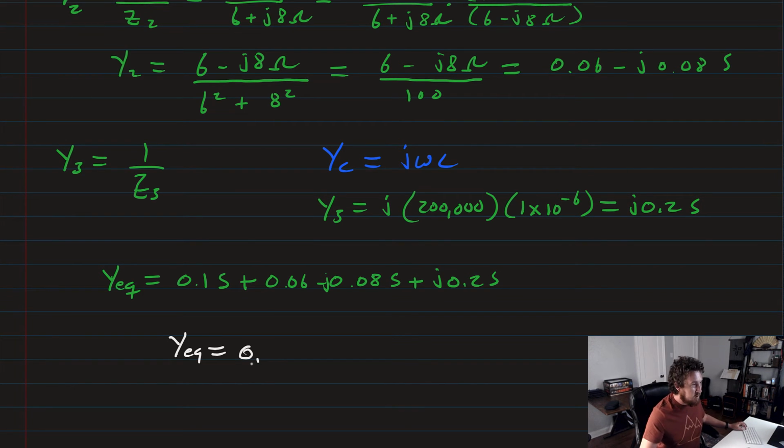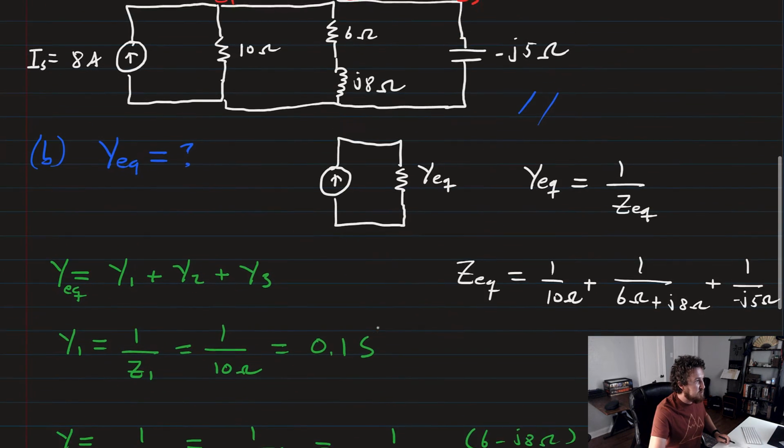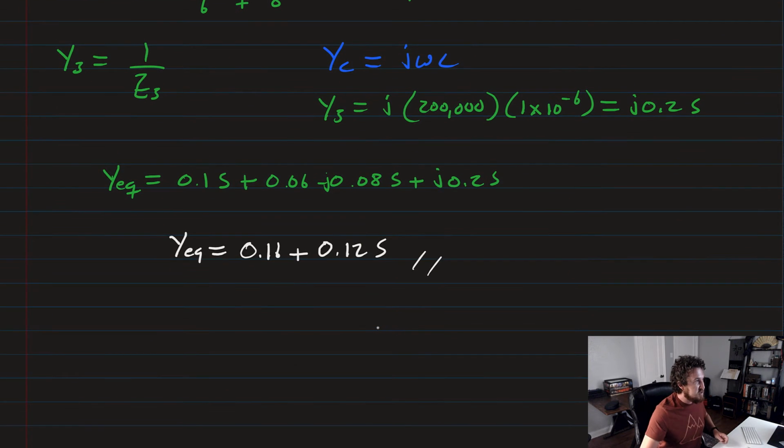Whoa, that got weird. 0.16 plus j, 0.2 minus 0.08, that's 0.12. So 0.16 plus j0.12 Siemens. That is the part A right there. That's part B.